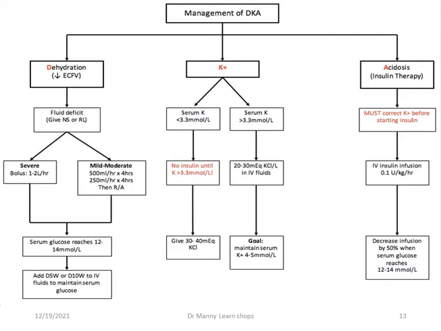And typically it's about 20 to 30 milliequivalents in IV fluids. The goal is to maintain the potassium between normal levels of about 4 to 5 millimoles per litre. But again, it depends on your protocols and your physician orders. This is just one example of the management of diabetic ketoacidosis.